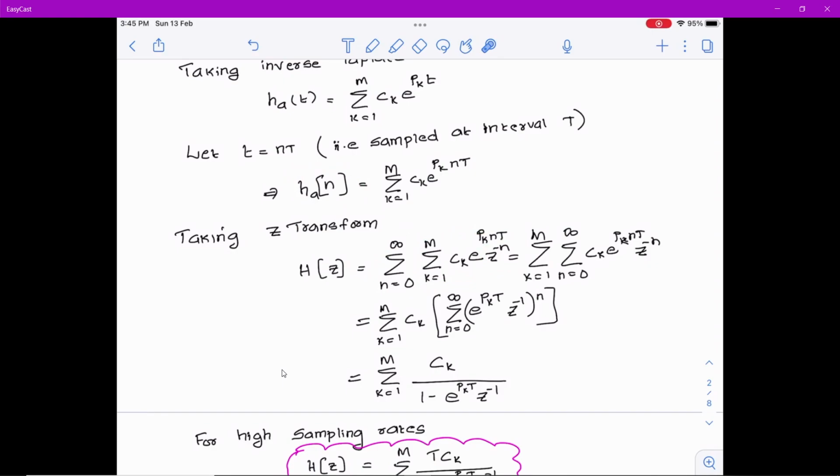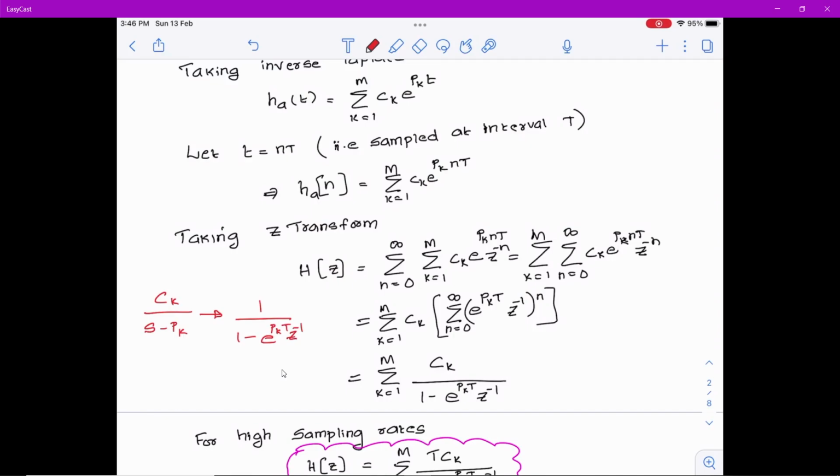When you take this Z transform, the value that you get is the sum over k equal to 1 to m of ck by 1 minus e raised to pkT z raised to minus 1, which means you are mapping 1 by s minus pk, or in other words, ck by s minus pk, to ck by 1 minus e raised to pkT z raised to minus 1.